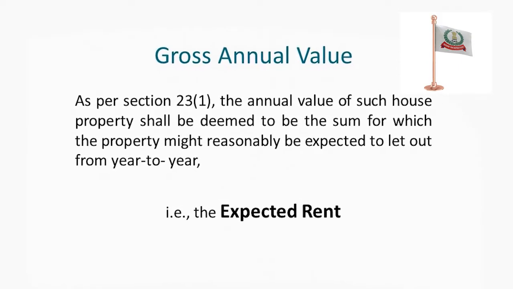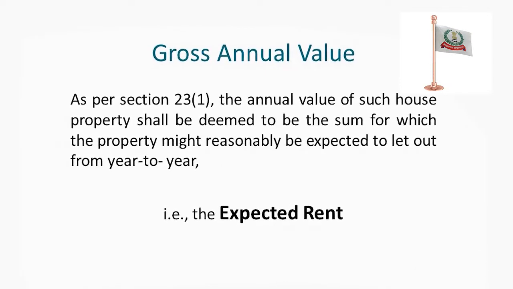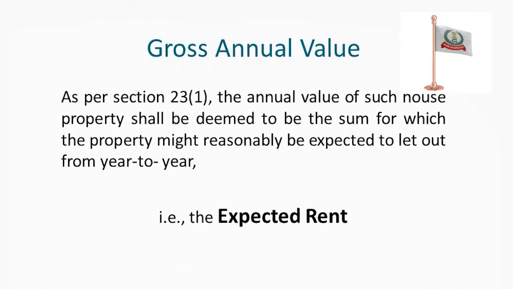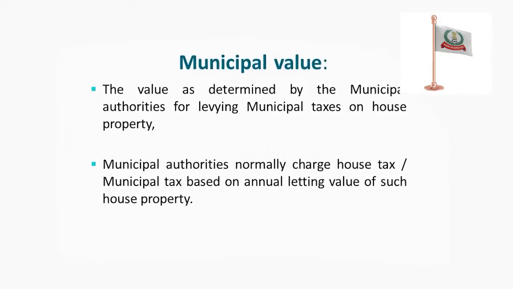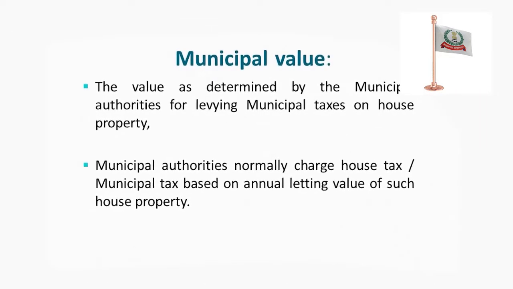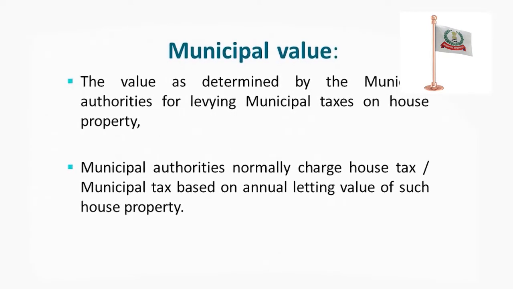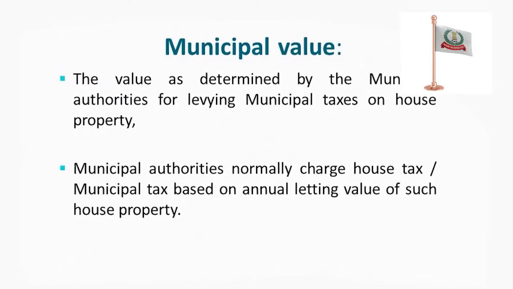Such gross annual value is computed by comparing four pieces of information: municipal value, fair rent, standard rent, and actual rent. Municipal value is the value as decided by the local municipal authority.